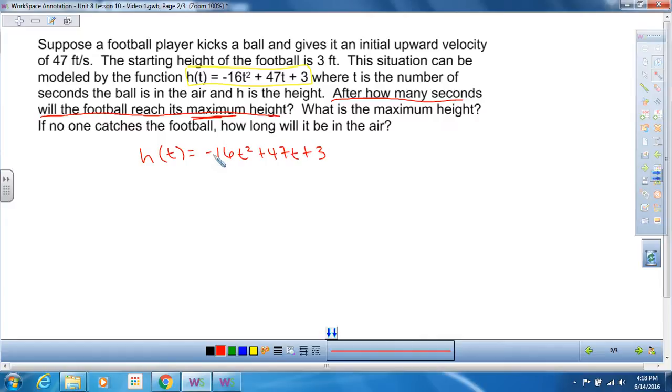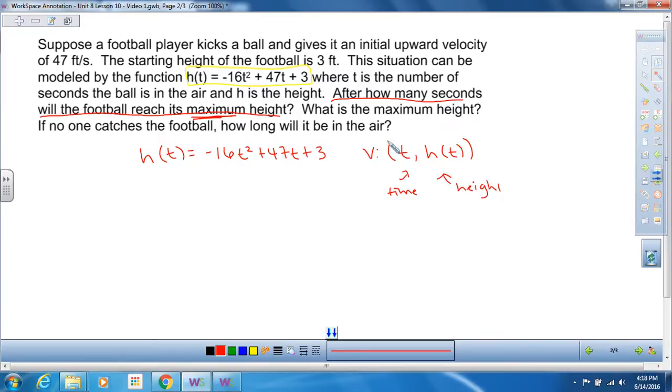Something that I want to note is that my variables are not x and y, it's t and h of t. So my vertex will be t, h of t. Note that t is our time, and h of t is our height.